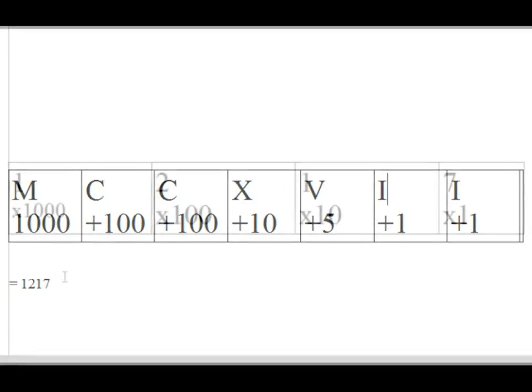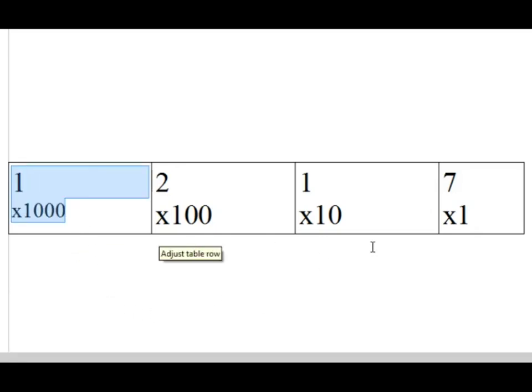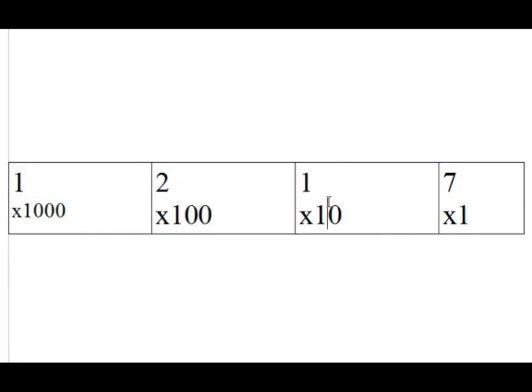Now let's take a look at our decimal system and see the difference there. If you take a look at the number 1,217, you can immediately notice, of course, that we're using the number 1 twice in two different positions. In this position, it represents a 10, and in this position, it represents 1,000.